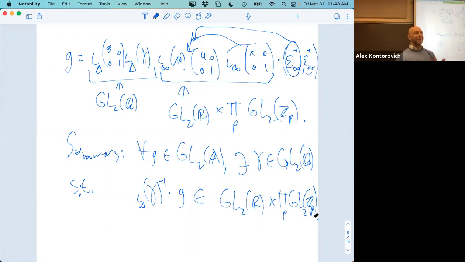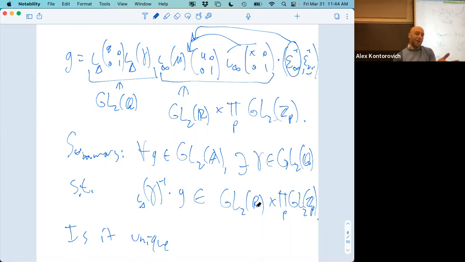The question is, is it unique? And the answer is no, and I'll have to explain what the non-uniqueness is. Is it unique? I keep stopping at the is-it-unique part. What's gamma on the product of all those things? Gamma is just the product of these two. Gamma is an element of GL2Q. I'm saying if I multiply on the left by the inverse of this, by acting on the left by GL2Q, I can get G into this thing.